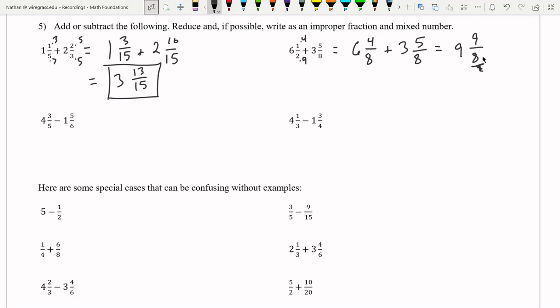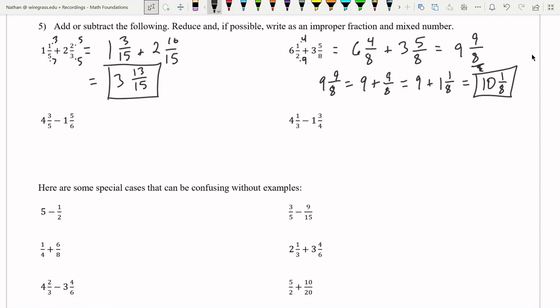So I need to change this to a mixed number. Mixed numbers mean 9 and 9/8 is the same thing as 9 plus 9/8. That's what mixed number notation means. 9/8 can be rewritten, though, as 1 and 1/8. And then we can add these two together to get 10 and 1/8.